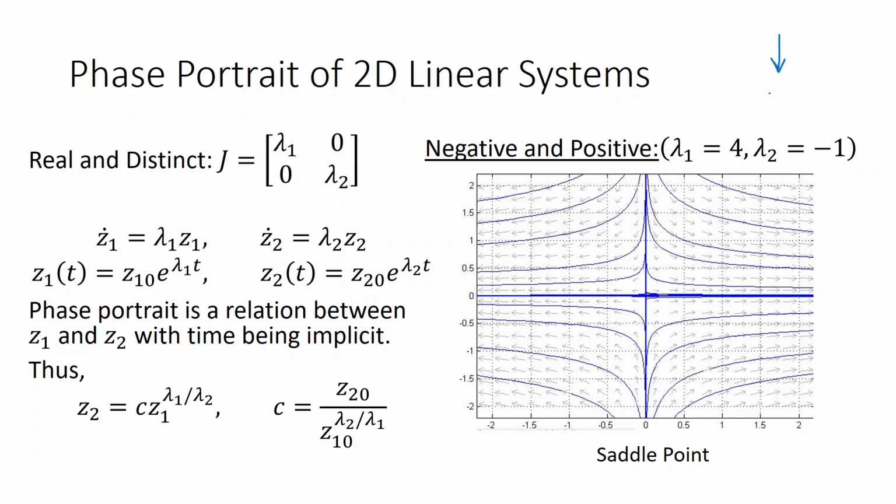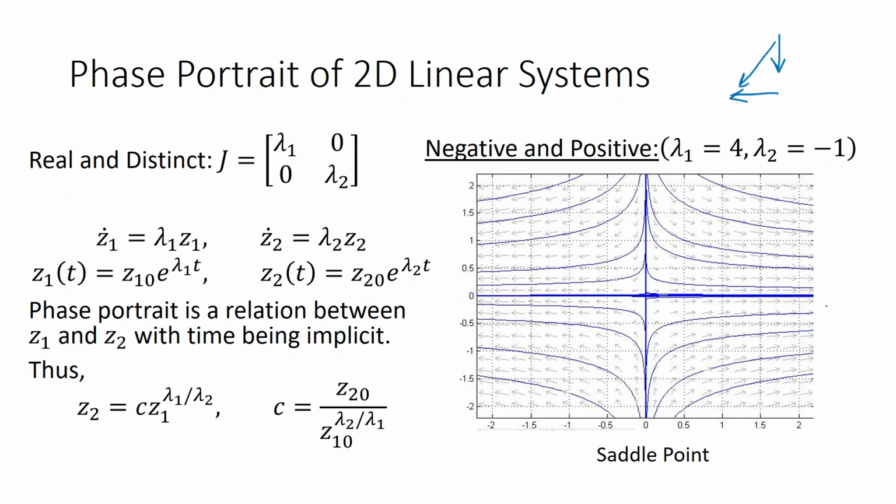So one will be like this, another will be like this. So the resultant vector will be something like this. So you see, in all cases the resultant vector is slanted and pushing the system away along one of the eigenvectors which has a positive eigenvalue.